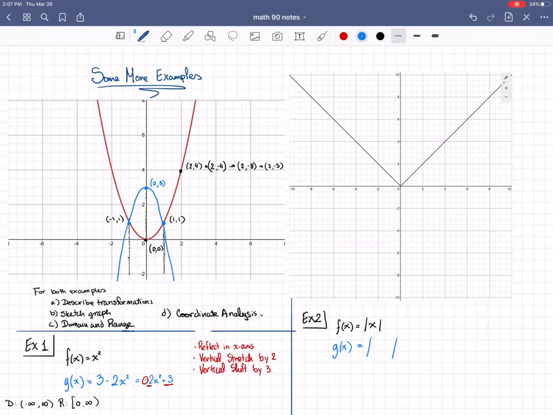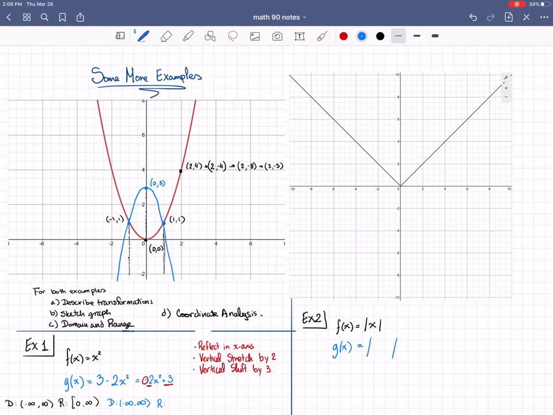For the blue function, the domain is still all real numbers. None of the transformations we work with would take an all real number domain and make it not be all real numbers anymore. So you don't need to worry about that. If you started with a function whose domain is all real numbers, you will finish with a function whose domain is all real numbers. Now for the range though, the range is now everything up to 3.